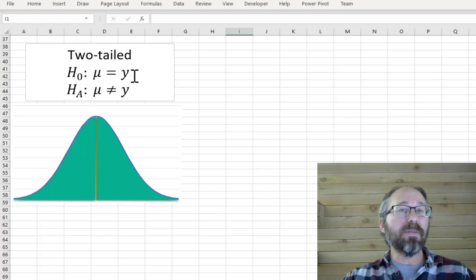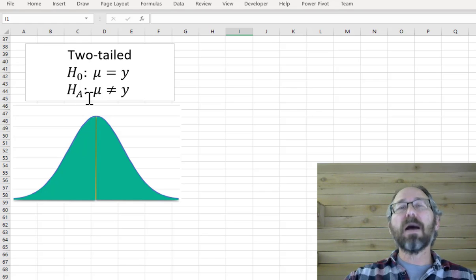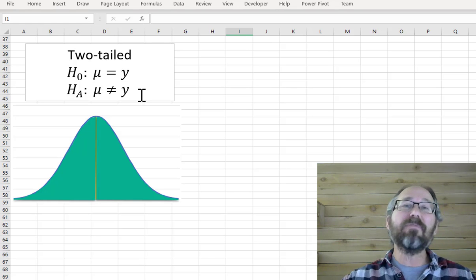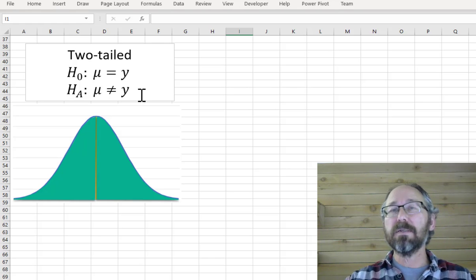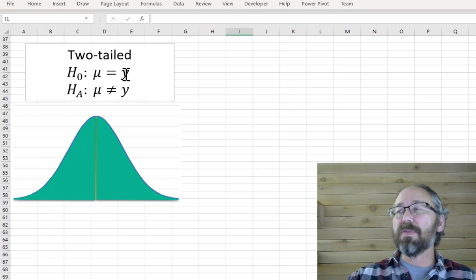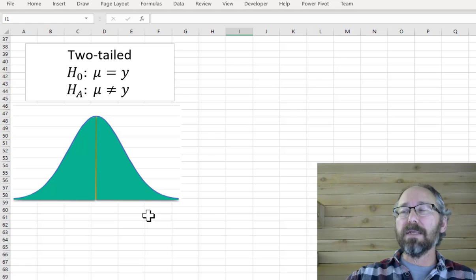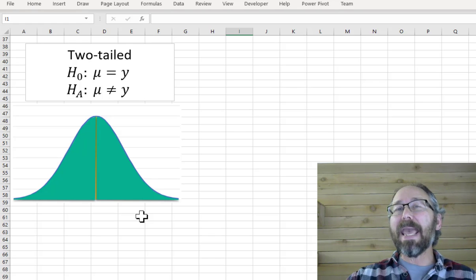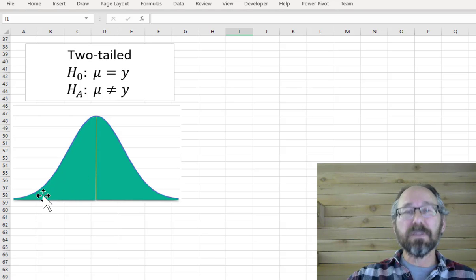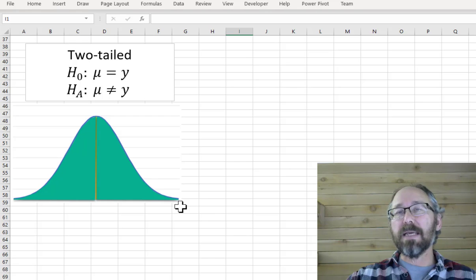That's our null hypothesis. And our alternative hypothesis is that it will equal any value other than that null hypothesis value, the y. And that's represented by these shaded green areas. So what we're saying in a two-tailed test is that the alternative hypothesis can be accepted with a mean anywhere on the left tail or the right tail.